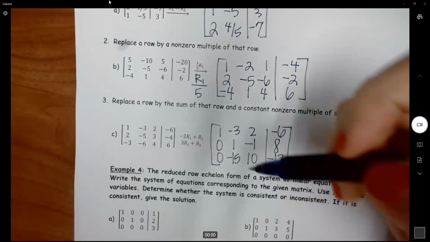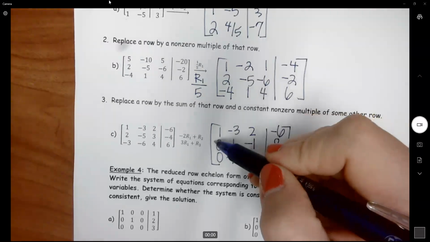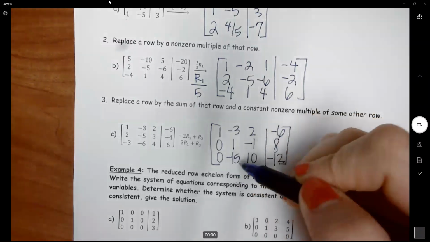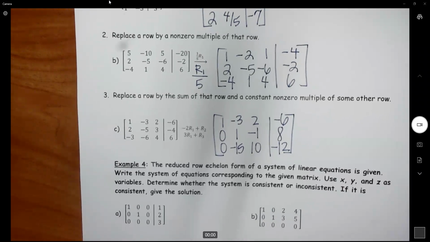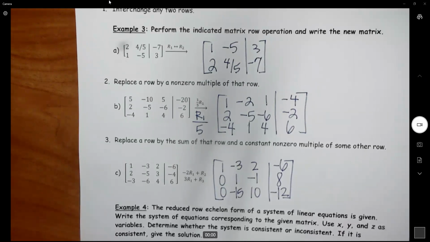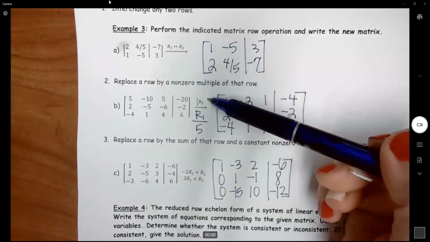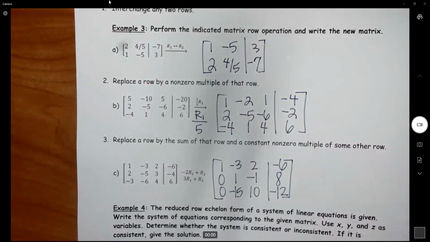Now you can see we have started on that diagonal of 1s, and I have started on that triangle of 0s. I only did one example of each of these, so rewind this and watch it again if you did not understand what this notation is stating, and how to put those operations in place.